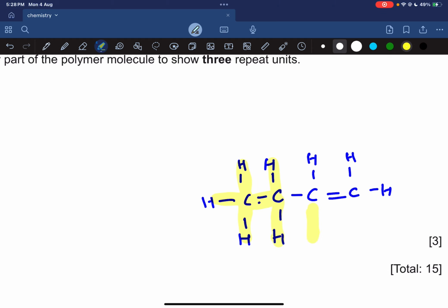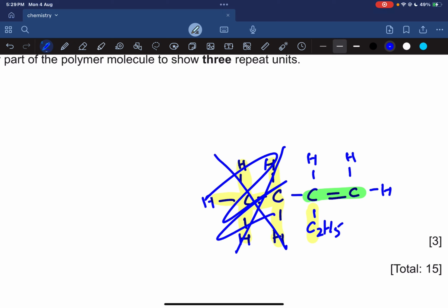Why? Because you need this double bond in the center. Okay, the double bond should be in the center. So you pick up the entire thing and bring it below the carbon. So this is basically C2 and H, 1, 2, 3, 4, and 5. So C2H5 basically comes over here. And this one gets erased. Okay, you erase it.